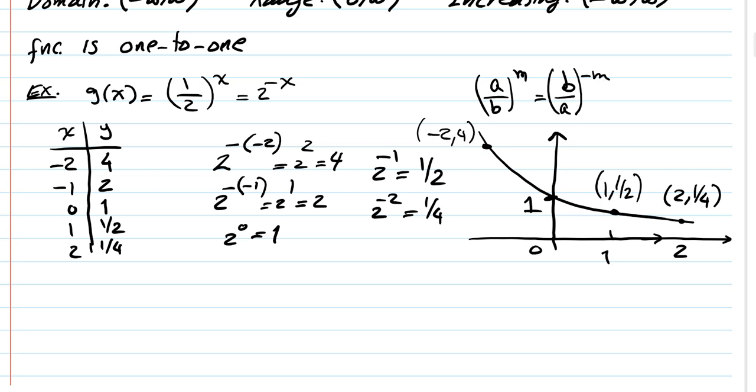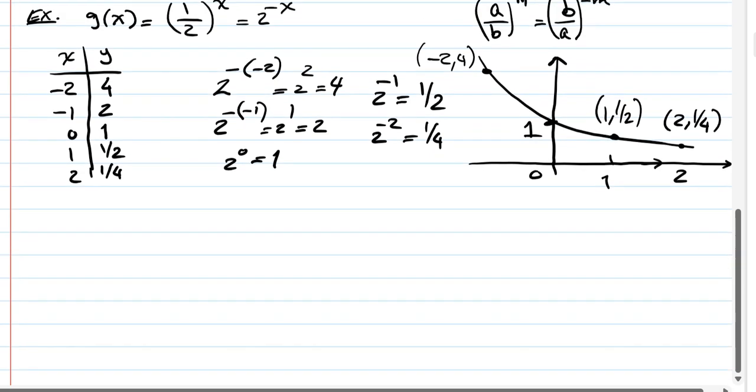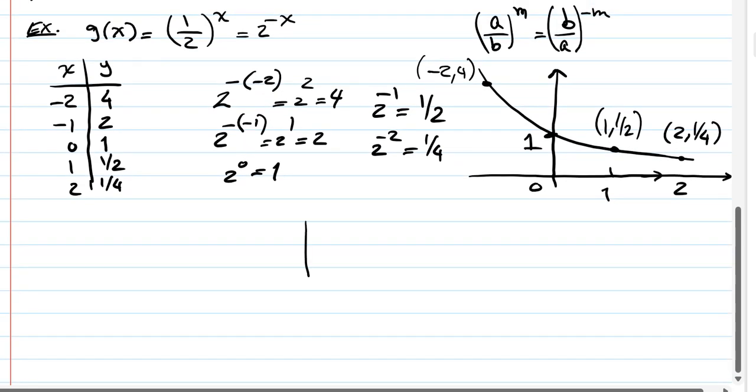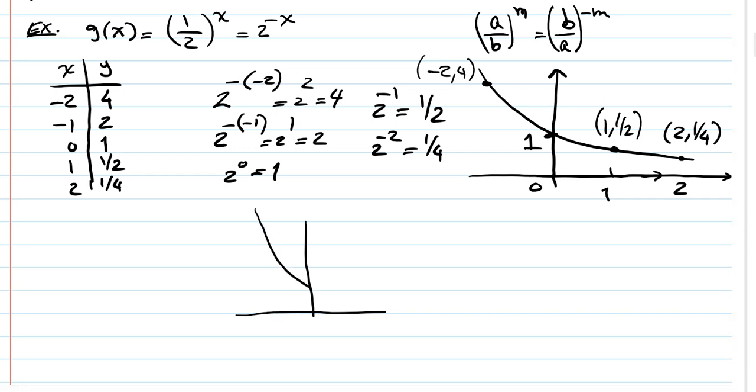Now, one thing that's interesting about this function, 1/2 to the x, which became 2 to negative x, it looks like this function, now let me graph it this way. Okay, call this 1/2 to the x, which became 2 to negative x.